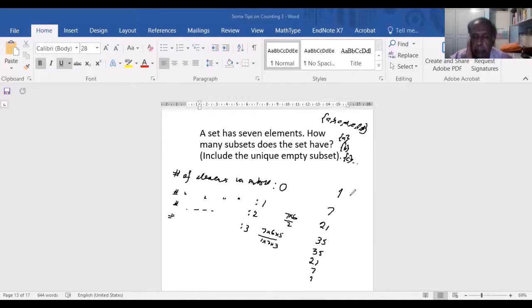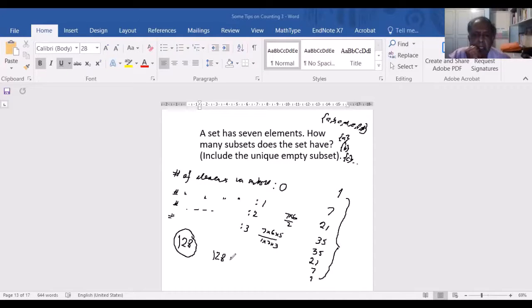And when you add up all these things, you're going to get 128. Now notice, that's the answer. Now 128 is a kind of a familiar number.